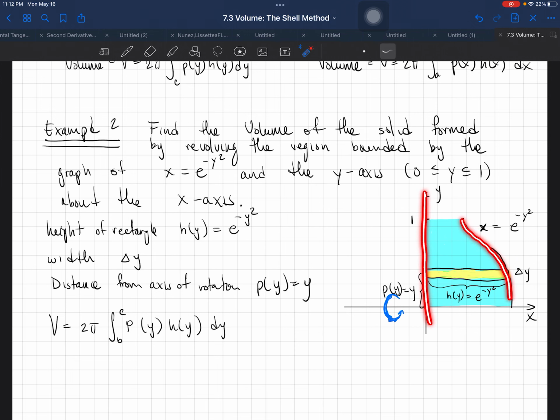So this is the region being bounded between 0 and 1. Where is y equals 0? Right here. Where is y equals 1? Right here, right? So this, of course, is the region, and we are rotating about the x-axis. So here's my x-axis, we're rotating around here. So we're going to create a shell, right? A shell, remember, think about it as a cylinder with a hole.